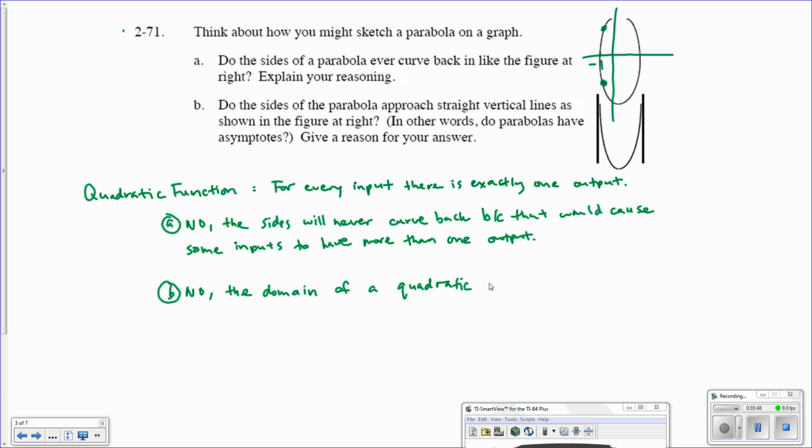So the domain of a quadratic is all real numbers, because we can square any value. Let's even say input value, because any input value can be squared.